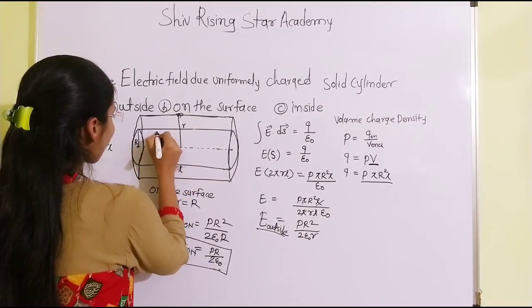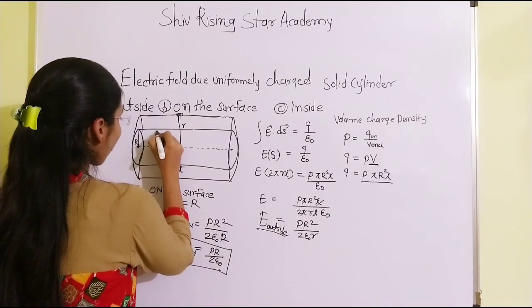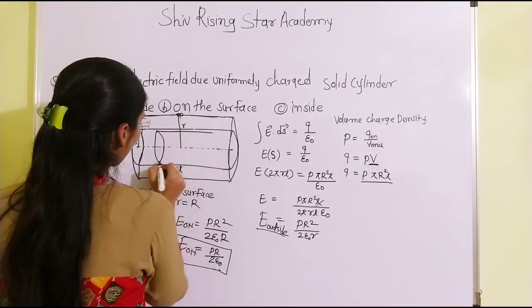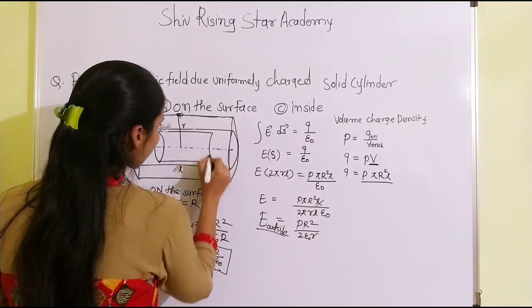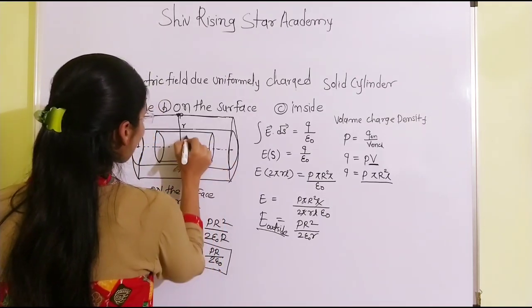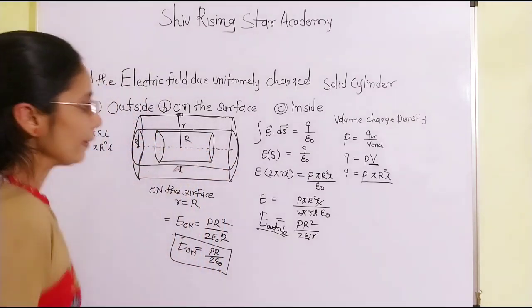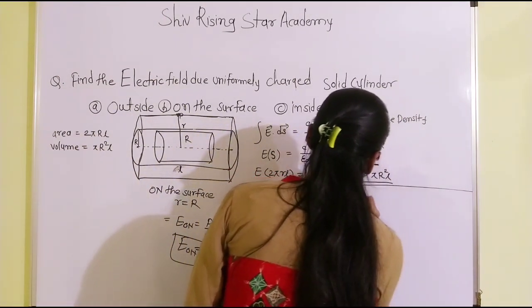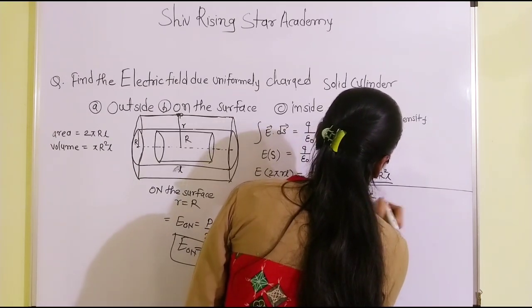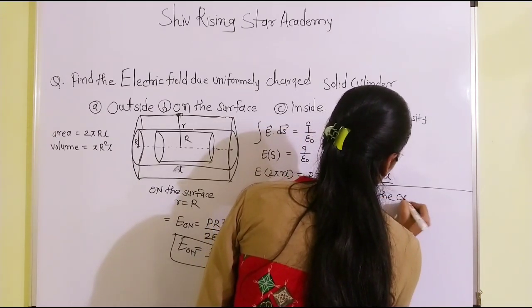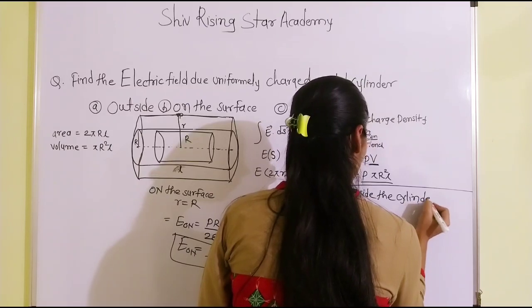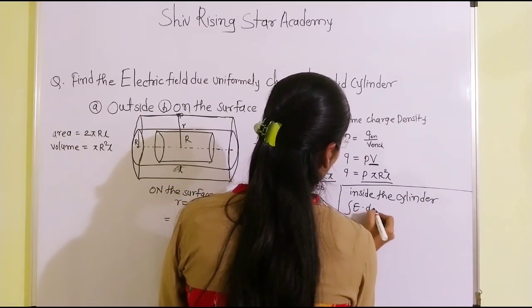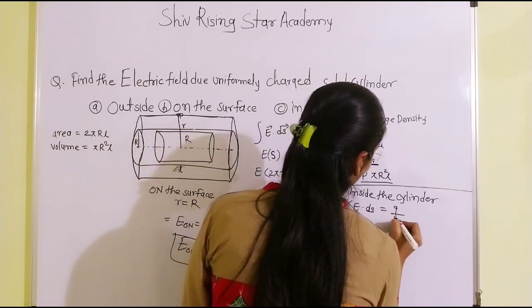Now inside the cylinder, we have to calculate the electric field. We consider a radius r inside the cylinder. We know that integral E bar dot ds bar is equal to Q by epsilon naught.